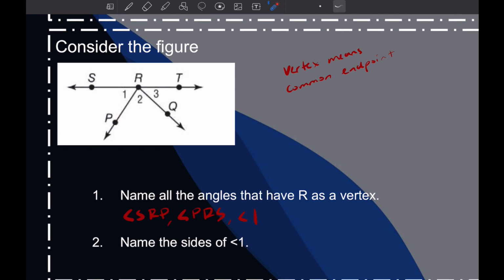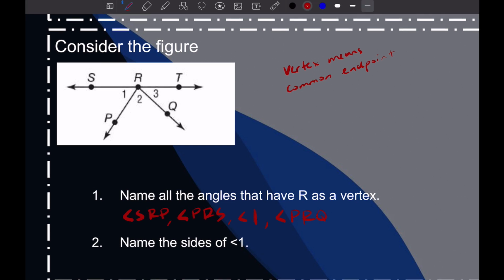So right here, we have angle P, R, Q. Let's write that, angle PRQ. Remember, R is my vertex, so that has to be in the middle when you're naming it. And the next one, oh, sorry. Let's fix that. Okay. So the next one here is angle Q, R, P. R is the common vertex, so the R has to be in the middle when you're writing that.